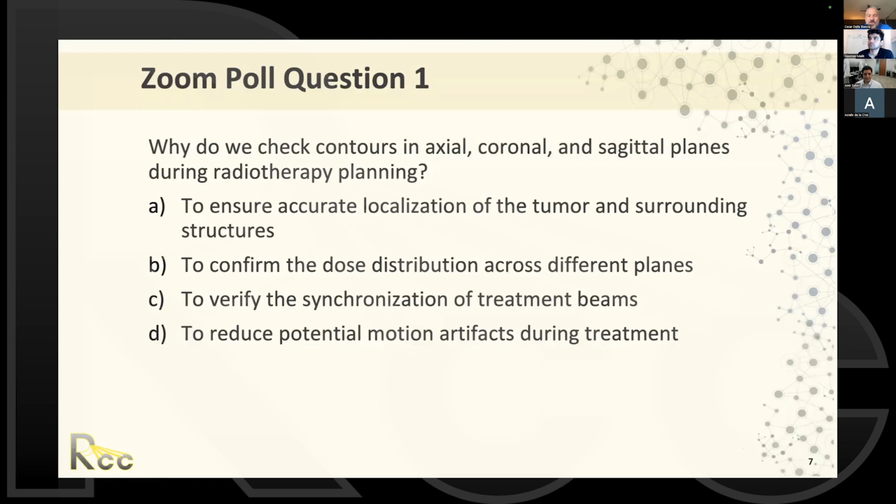B, to confirm the dose distribution across different planes. C, to verify the synchronization of treatment beams. And D, to reduce potential motion artifacts during the treatment. So we're going to give a couple of seconds, maybe a minute, not seconds.